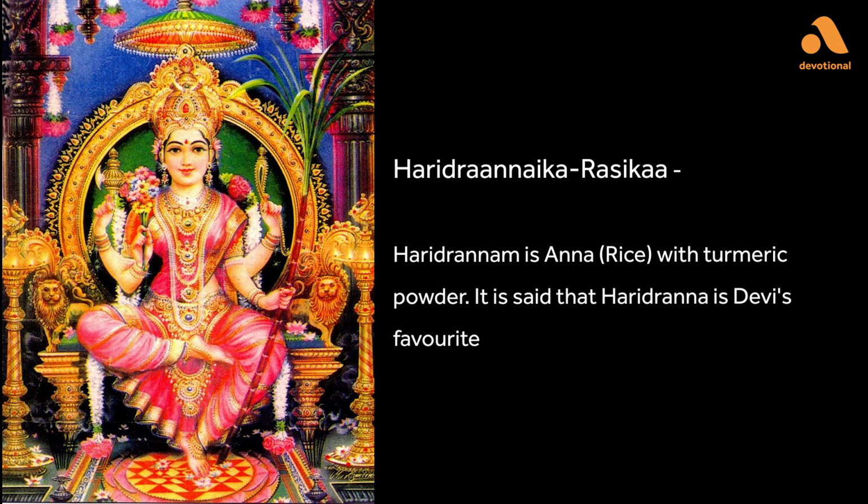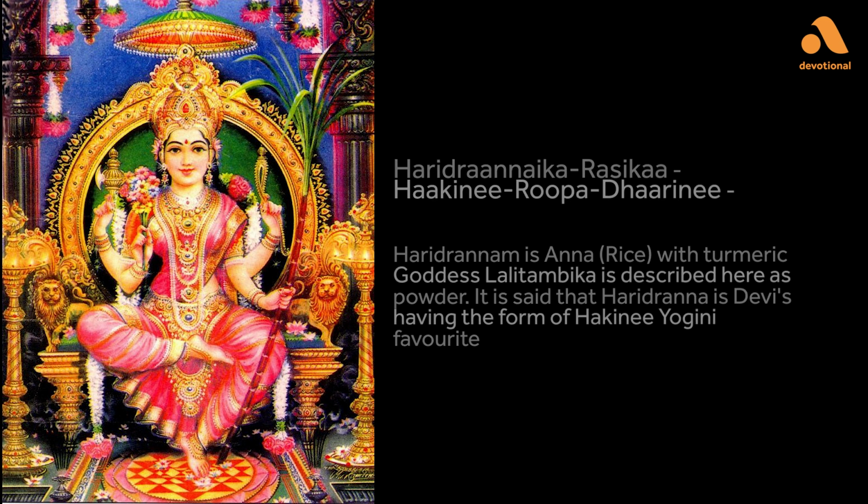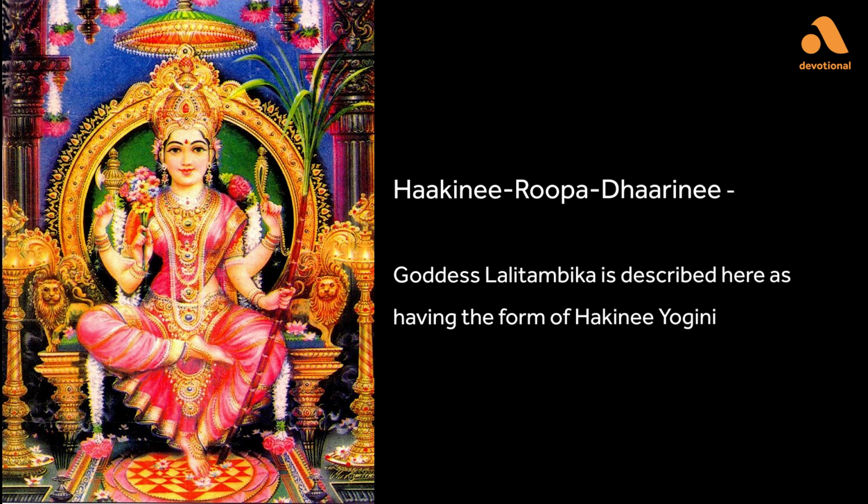Haridranna Ekarasiga. Haridranam is Anna, that is rice with turmeric powder. It is said that Haridranna is Devi's favorite. Hakini Rupadharini. Goddess Lalitambika is described here as having the form of Hakini Yogini.